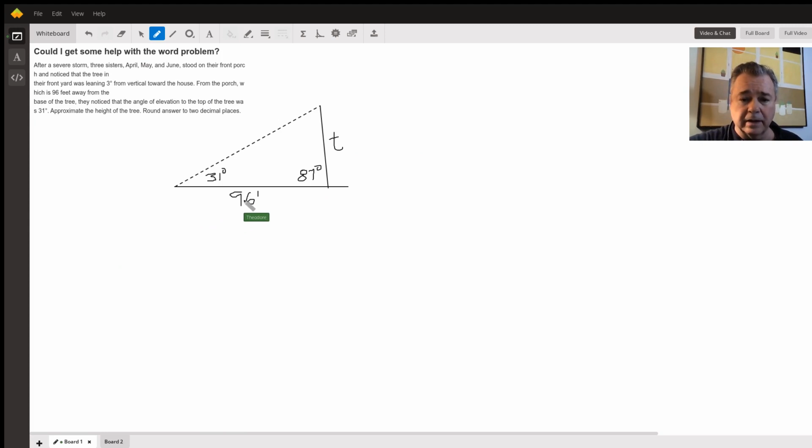Now, the first thing we'll have to do in this equation to determine this ratio of the length of the tree divided by the sine of 31 degrees is calculate this third angle.